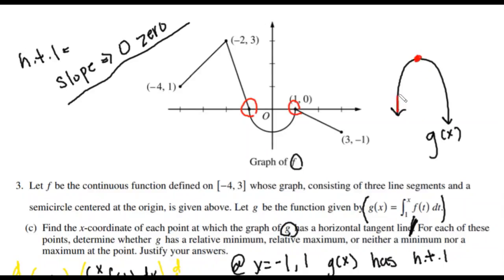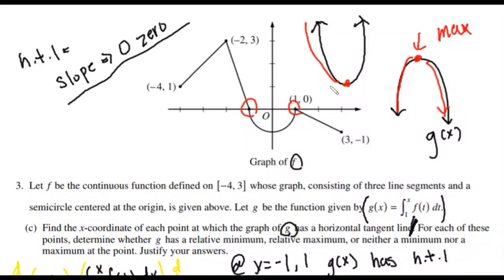As it goes up, it reaches this point and goes down, which is a maximum. On the other hand, when the parabola looks like this, as it goes down, it reaches the bottom and goes up again. That means this is a minimum.